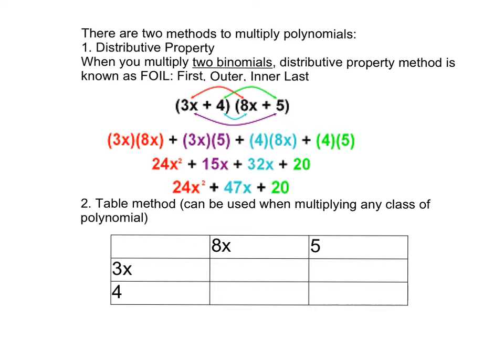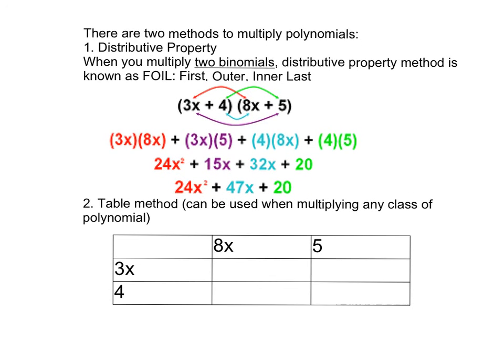You have to be very careful to make sure that the first term gets distributed to each of the terms in the other one. So it's this binomial times this binomial. You have to make sure that the first terms are multiplied by each other, then the first and the last term, then the second and the first, and the second and the last.